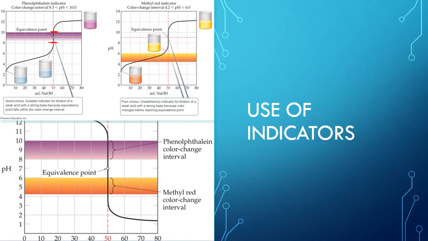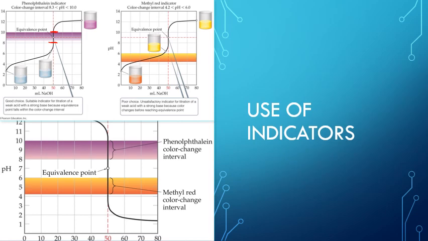It might show up at 8.3, but as you can tell from the graph, that steepest part is going to basically change its pH by 3 to 4 units at least, just by adding 1 milliliter of the titrant. So it's really not that big a deal.